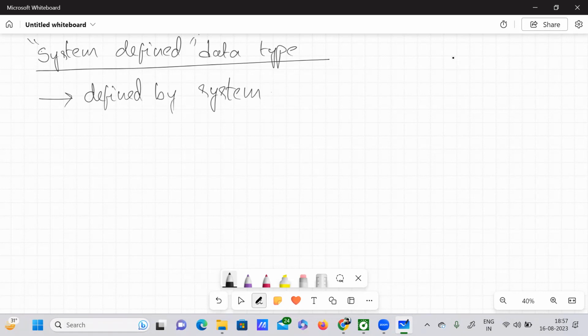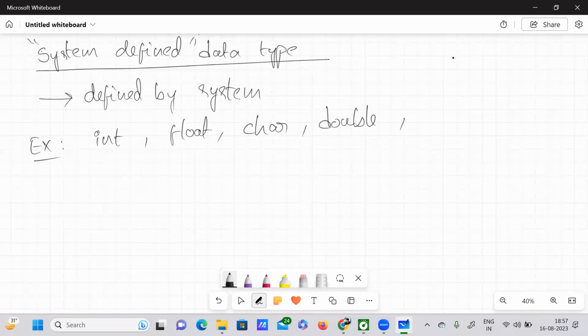Okay. So what are the examples of this particular data type? Nothing but integer, float, char, double, and bool, in the sense boolean, etc. So these are all the examples of the system defined data types.